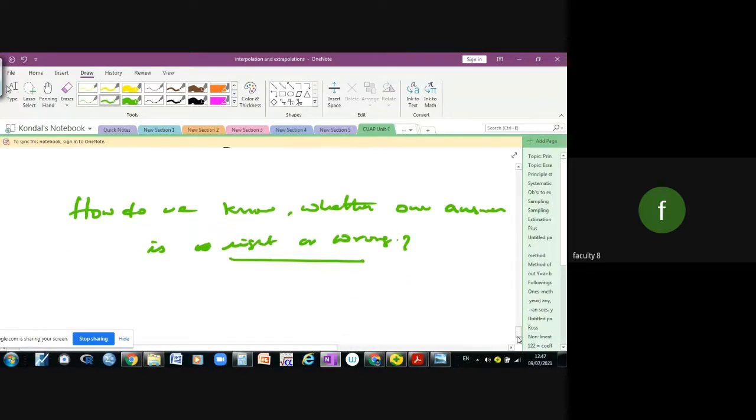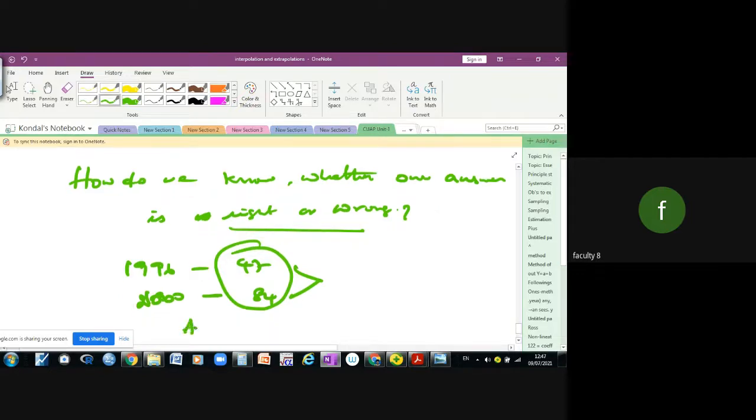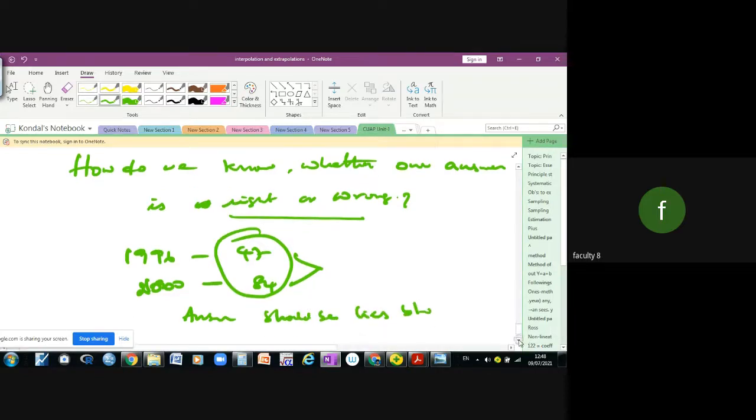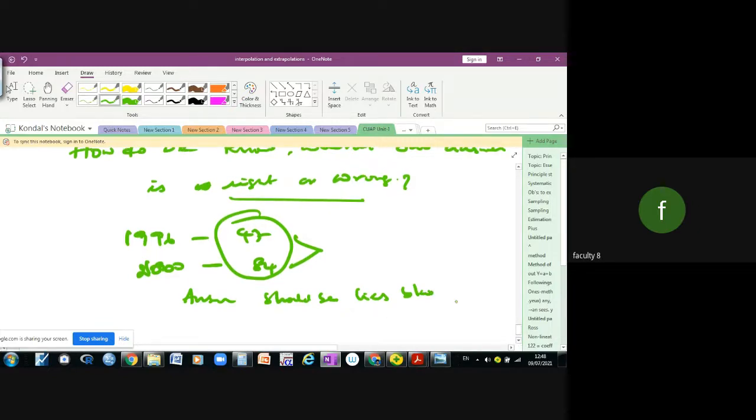So as I told you, for interpolation, the value should lie between the values of 1996 and 2000. In 1996, the value is 47, and in 2000, the value is 84. So the value, nothing but the answer, should lie between 47 and 84.